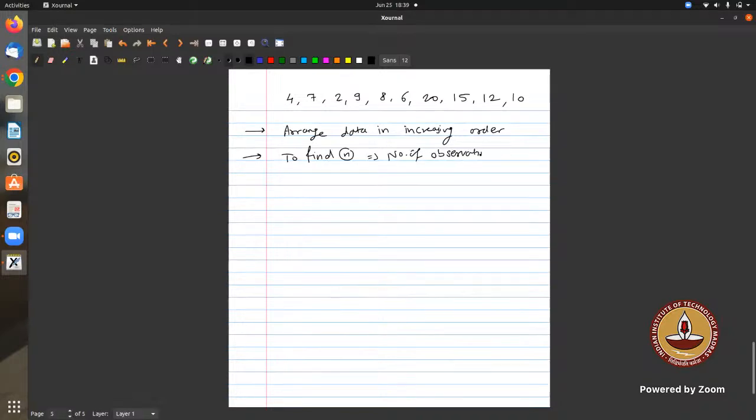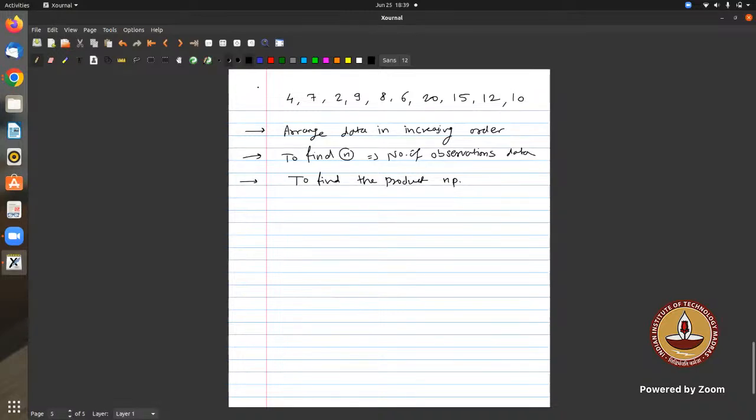And then the third step is to find the product n into p. These three should be my steps. What is p? I'll talk to you after some time.